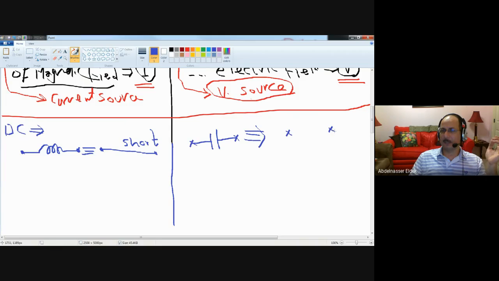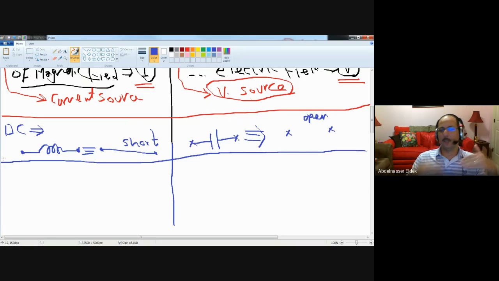You don't have anything inside. So this is how you solve any problem that has only DC with capacitors and inductors. All you have to do is replace the capacitor by an open circuit and the inductor by a short circuit.